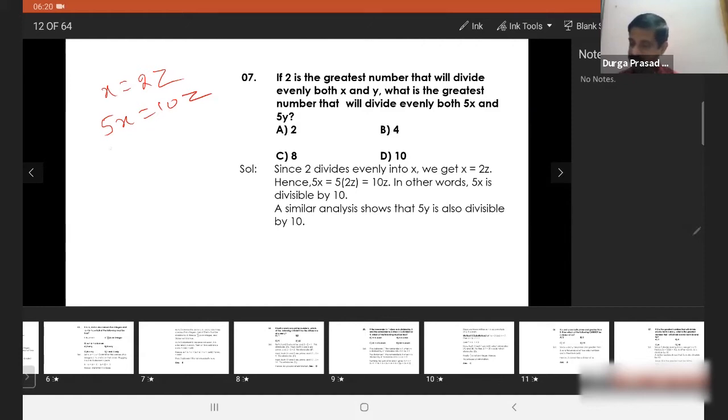Similarly, 5y will also be a multiple of 10 times something, say 10z1. So this is divisible by 10 and this is divisible by 10. So the greatest number that will divide evenly both 5x and 5y is option D, that is 10. So the final answer is 10. Please note it fast, quick.